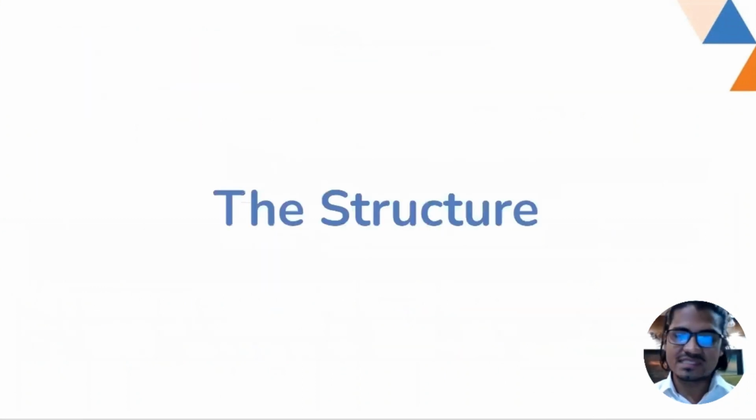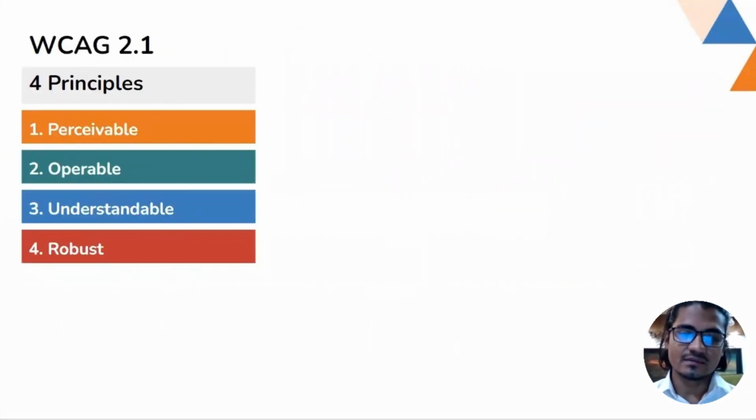So what is the structure of WCAG guidelines? WCAG guidelines have four principles: perceivable, operable, understandable, and robust. With these four principles, they have created all the rules.